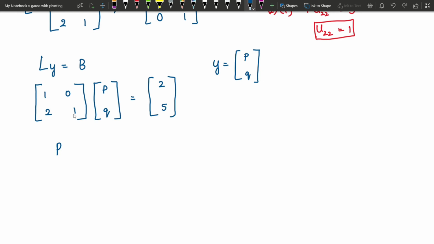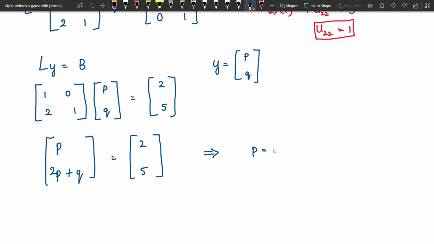Now we will equate this and find the values of p and q. So the first one we will multiply: 1 into p plus 0 into q is p, and 2 into p is 2p plus 1 into q is q, and this is equal to 2 and 5.